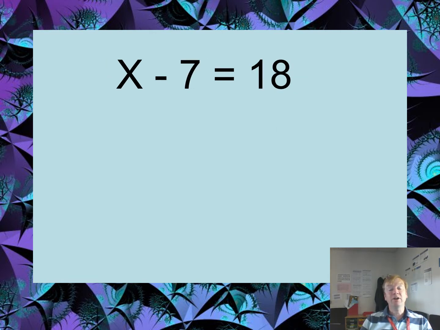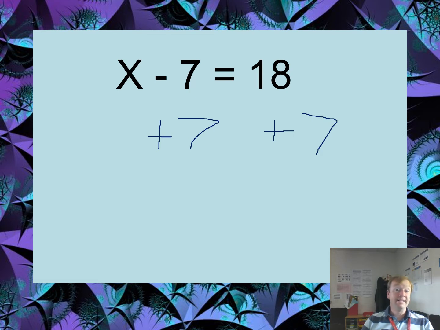Here's another simple equation. Let's read it. x take away 7 equals 18. So I ask myself, what's the opposite of taking away 7? Of course, it's adding 7. So I'm going to add 7 to this side of the equation. And I'm going to add 7 to this side of the equation as well. Let's see what happens.